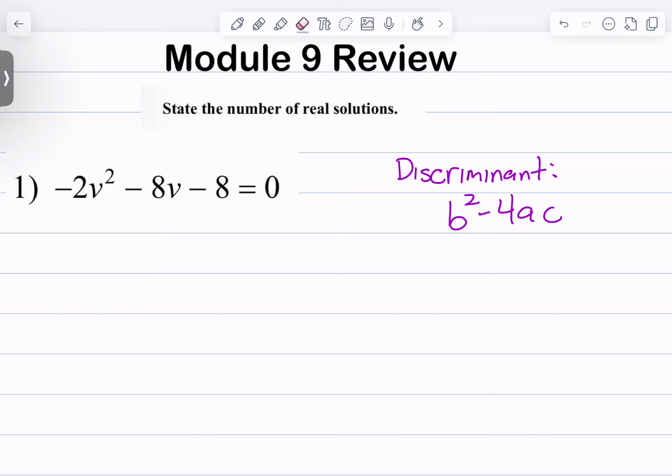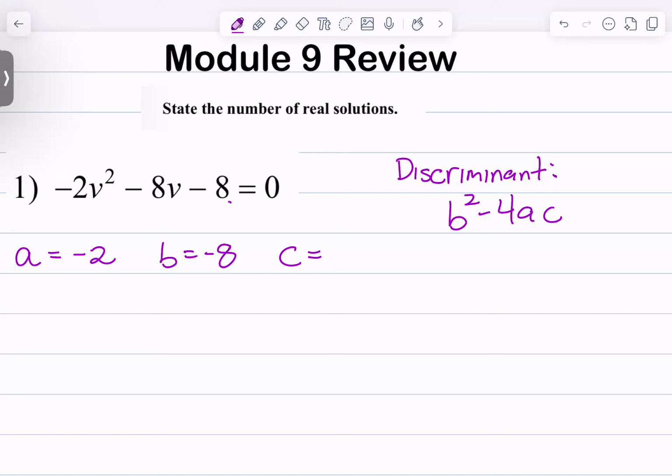So your first step in any problem is to make one side equal to 0, which number 1 is. So I can go straight to figuring out what my A, my B, and my C are. My A value is always the coefficient of the variable squared, so that's -2. My B value will always be the coefficient of your X, which is -8.